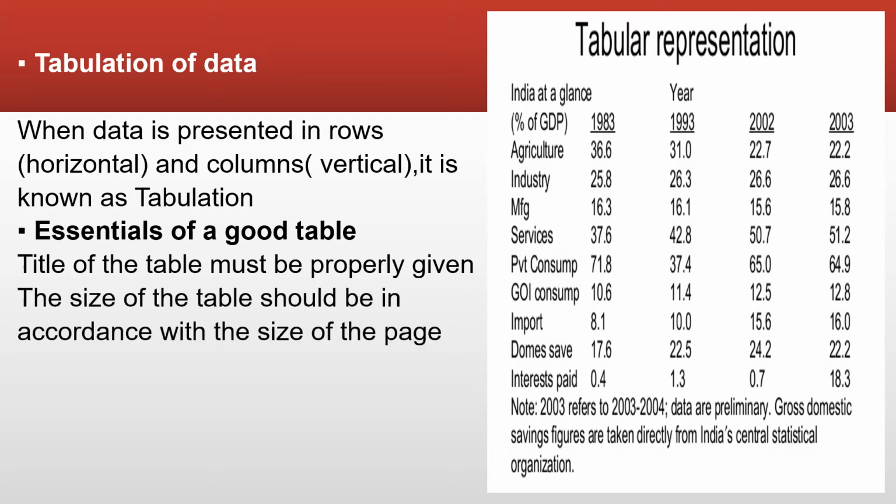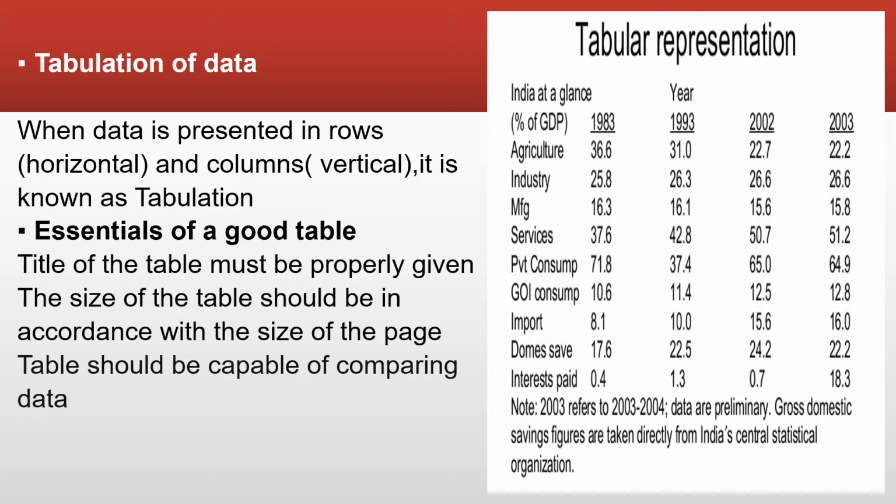The size of the table should be in accordance with the size of the page. So if we are presenting data on a particular page of a report or a book, it should be proportionate to the rest of the written matter that is in the page. The table should be capable of enabling us to compare data.